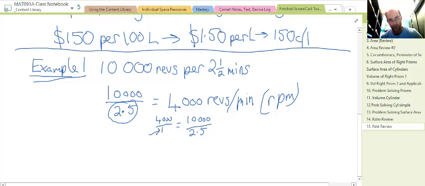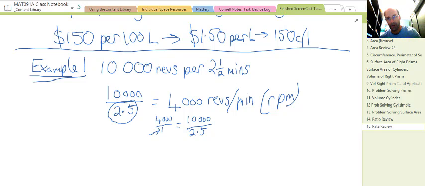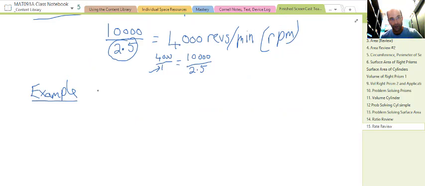The idea is to get the second quantity down to a value of 1, if possible. And so that's why we divide by 2.5. So 4,000 revolutions per 1 minute. We say 4,000 RPM. That is a simplified rate.